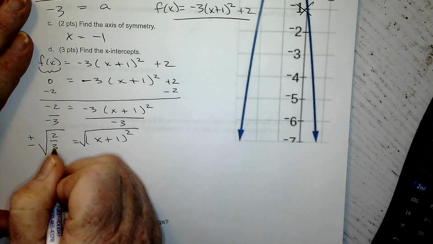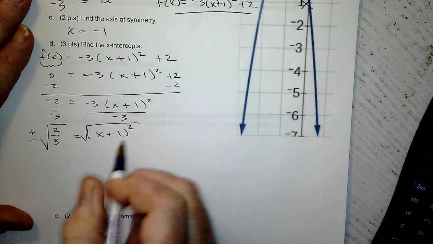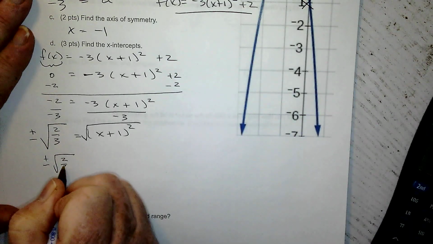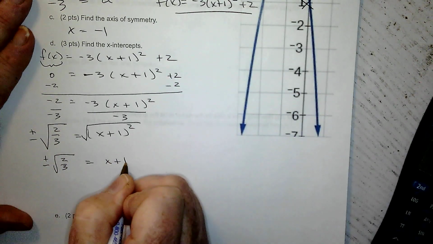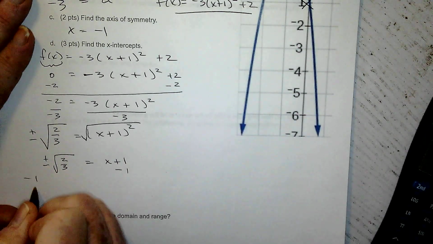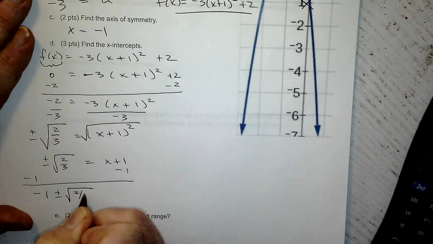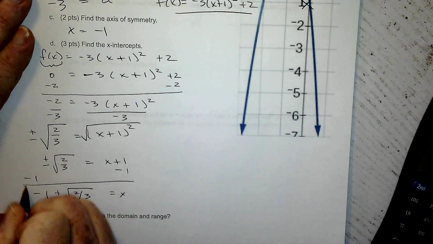Plus or minus on the constant side. So this is plus or minus the square root of 2/3 is equal to x plus 1. Subtract 1 from both sides. And there are your zeros.